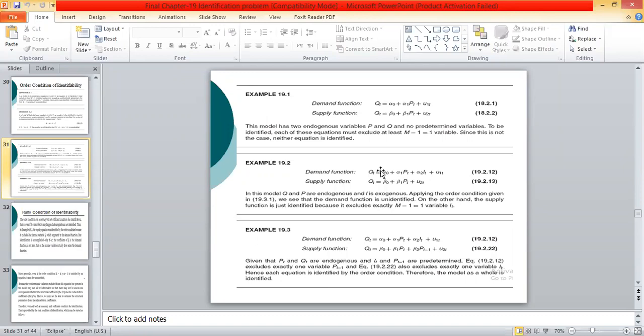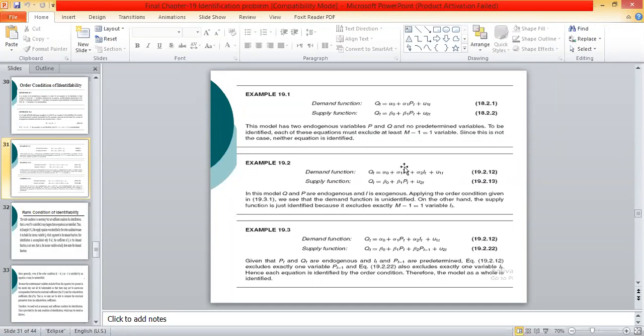So I have given you the method: first calculate the total number of variables in the model, and then calculate the total number of variables in the equation of your interest. Total variables in the model is 3, that is quantity, price, and income. And all these three variables are present in the equation of our interest.